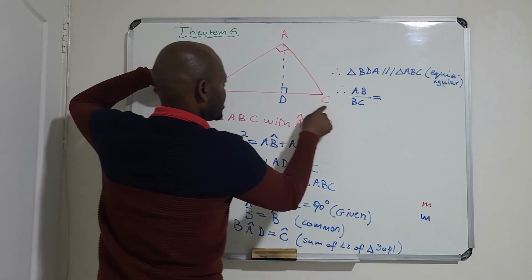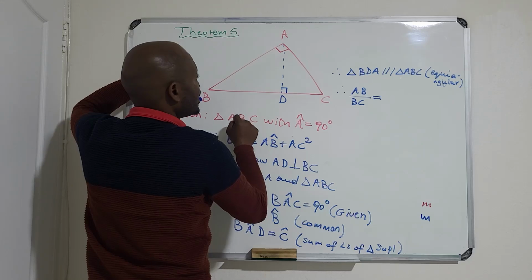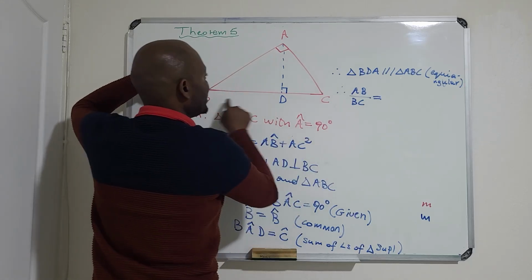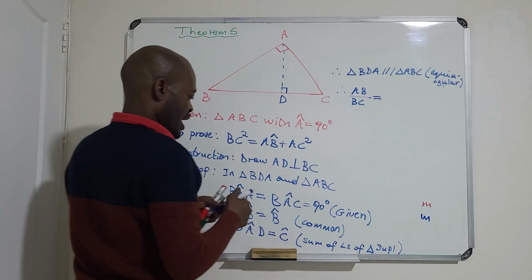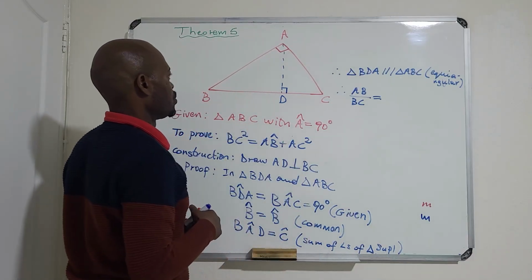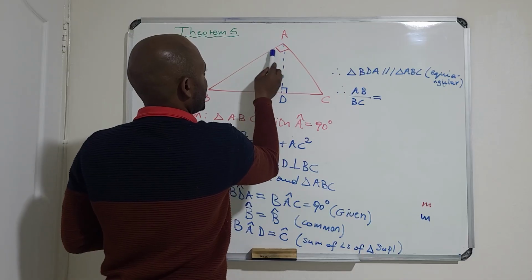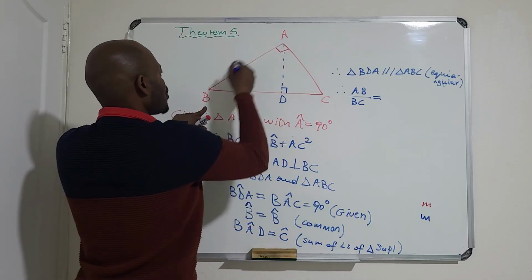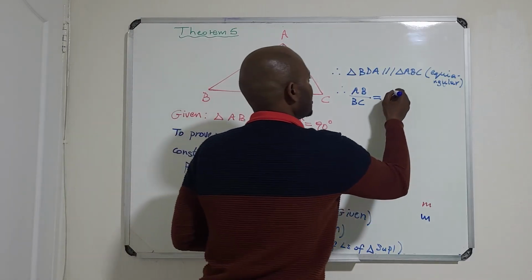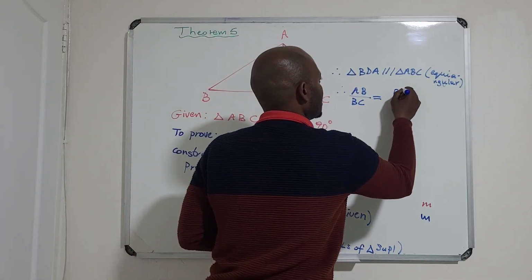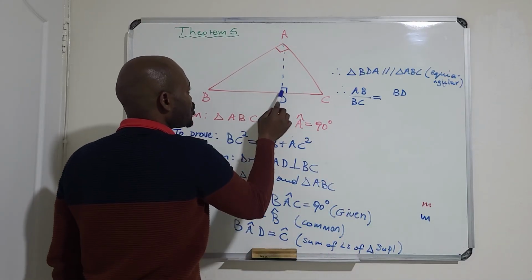Therefore, it is BC. That is why we said AB, which is opposite 90, over BC, which is also opposite 90, is equal to, now, this side here in this triangle is BD.